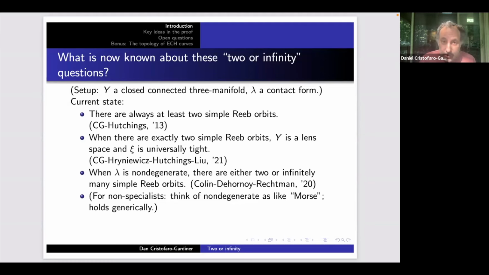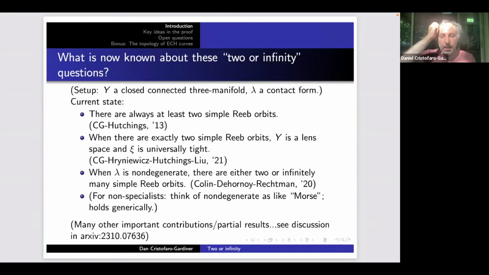A very important point, which will come up in the proof that I'm going to explain in the middle part of the talk, is that this holds generically. There's a lot of other stuff, but I wanted to keep the slide relatively readable. I want to point you to our arXiv preprint where we try pretty hard to give everyone the credit that they're due. Anyway, these are what I would call the state-of-the-art results.